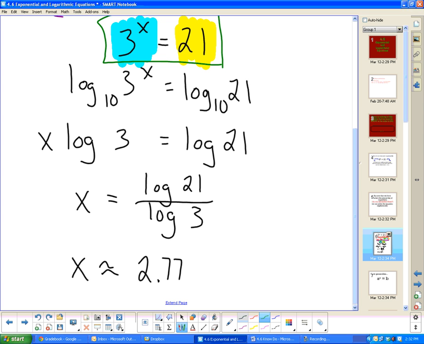So if we want 3 raised to some power to be 21, that power is going to be somewhere between 2 and 3, and we got 2.77.